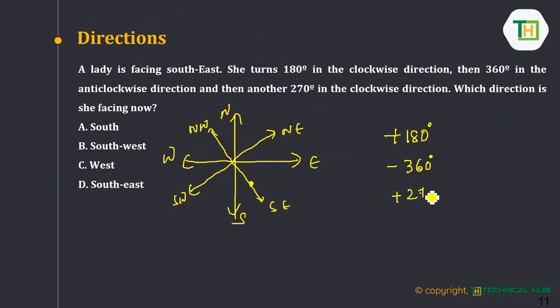Which direction is she facing now? First of all, add plus 180 and plus 270. So 180 plus 270.